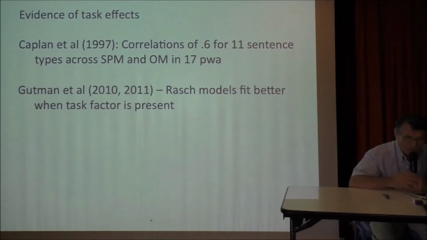A Rasch model predicts performance on a sentence type by the demands made by each sentence and the capacity of each patient, and you can test models that assign demand separately to sentences in different tasks and sentences of different types.